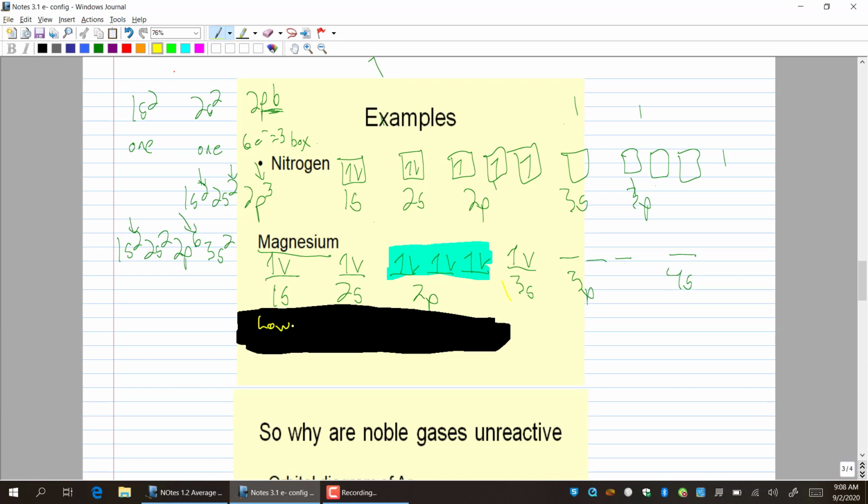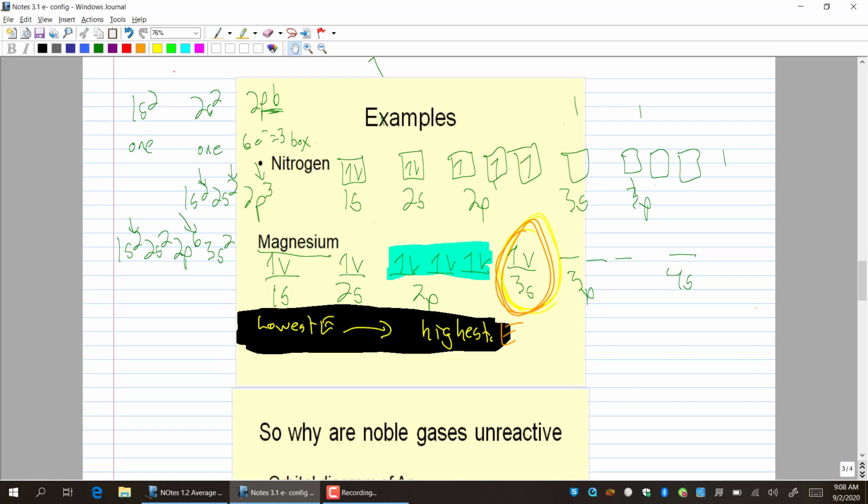This is the lowest energy, and as you go this way, this is the highest. So the highest energy electron in this would be 3s. Is it 3s2? Those are your highest energy electrons.